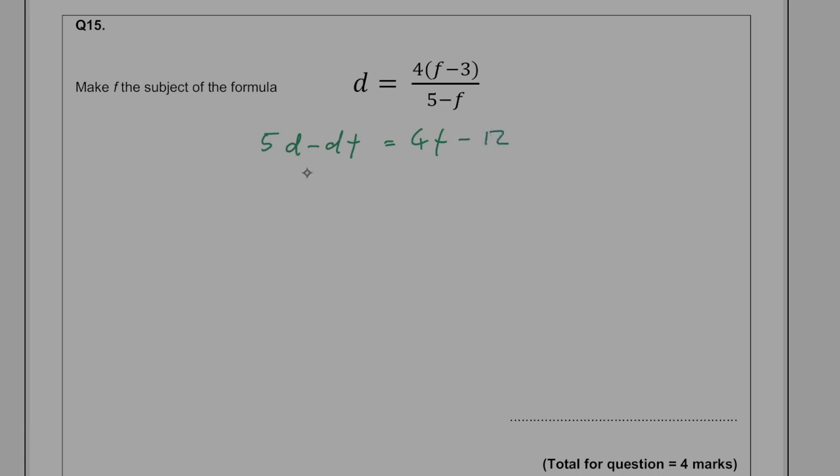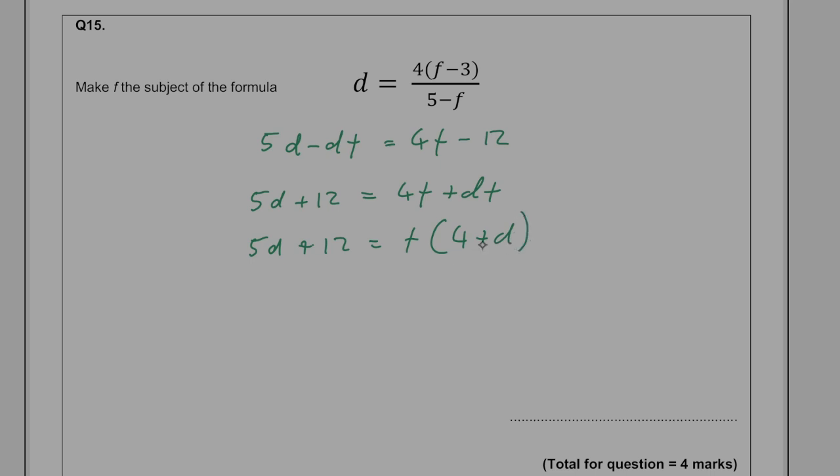Right, I'm going to move my f's towards the right and other parts towards the left. So to do that, I'm going to add 12 and add df to both sides. So that would give me 5d plus 12 is equal to 4f plus df. I'm then going to factorize the right hand side to give me 5d plus 12 is equal to f times 4 plus d.